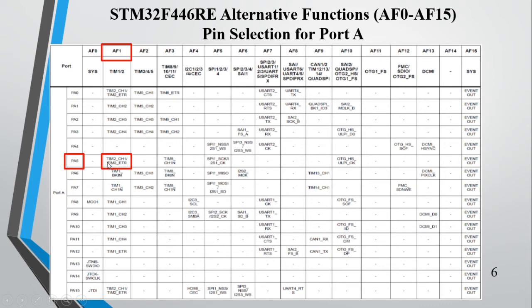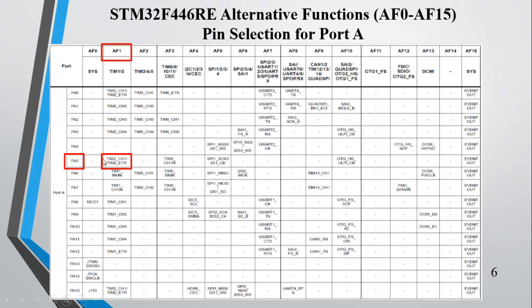So if you want to generate PWM in channel 1 of timer 2, PA5 should be configured with alternate function 1, because PA5 has the alternate function timer 2 channel 1. So the next step is you need to configure PA5 with alternate function 1.